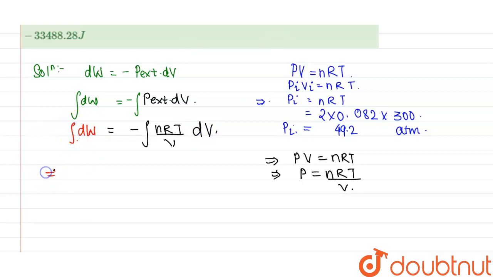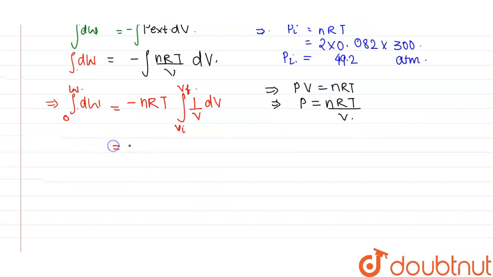Now let us give the limits. Work done is 0 at the initial point, no work will be done, and W at the end. nRT is constant here, so it will be outside the integration term, and this will be 1 by V dV, with limits Vi to Vf, that is initial volume to final volume.